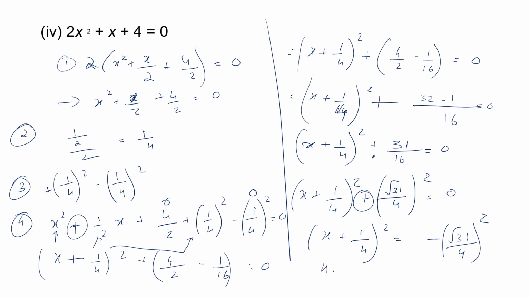See, if we take x plus 1 by 4, I have to use plus or minus of this one. Since this is negative, the root value will become imaginary. So there are no real roots. Okay.